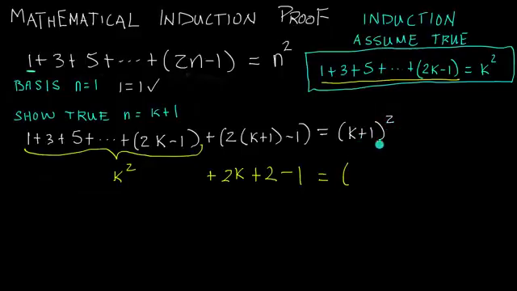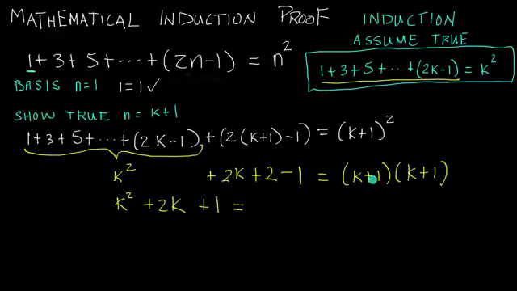And k plus 1 squared is the same thing as k plus 1 times k plus 1. So now we have k squared plus 2k right here, plus 2 minus 1, and 2 minus 1 is a positive 1. So on the left-hand side we have k squared plus 2k plus 1. And is that equal to k plus 1 times k plus 1?